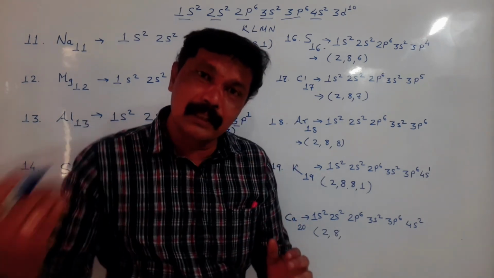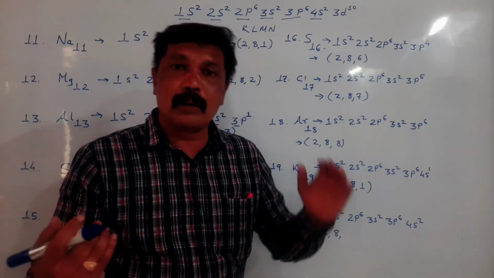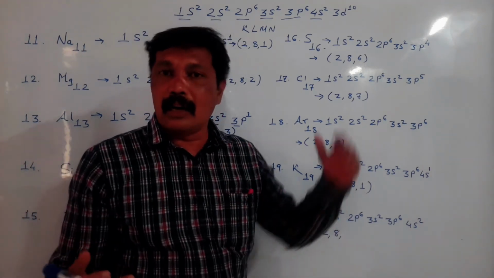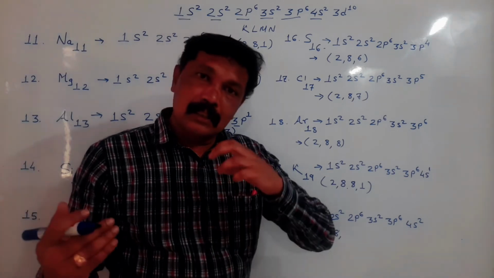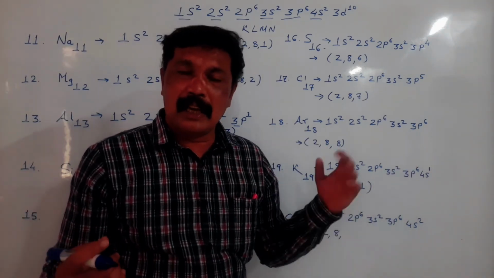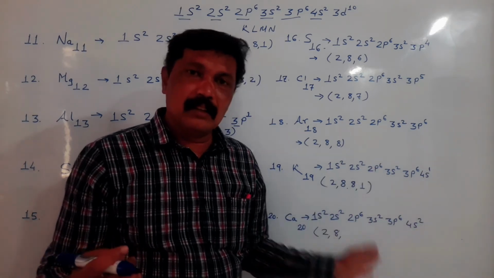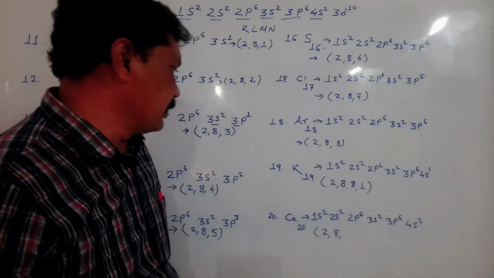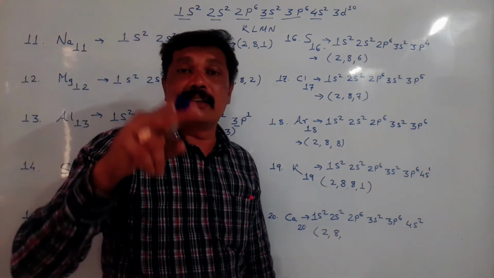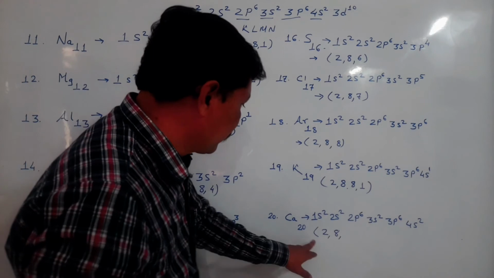You will go on increasing the number of electrons from 8, 9, 10, 11, 12, but it does not take place because Aufbau's principle has given us the orbitals in the increasing order of their energy, and through this we get the electronic configuration of calcium, which is given in the 7th standard textbook.